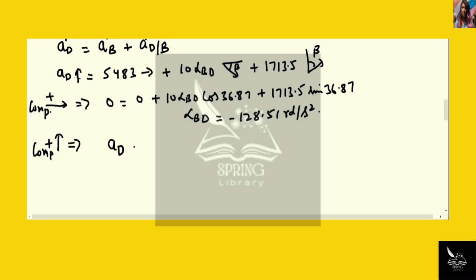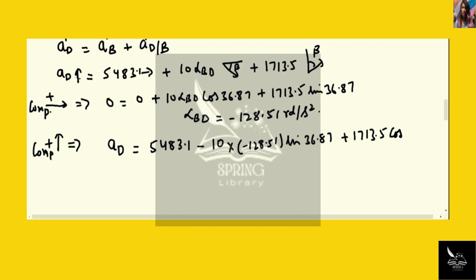So AD is equal to 5483.1 minus 10 sine of alpha BD already calculated, plus 1713.5 cos of 36.87.